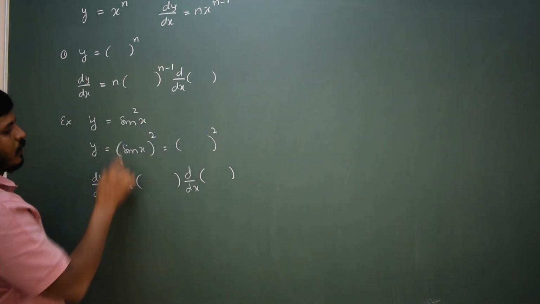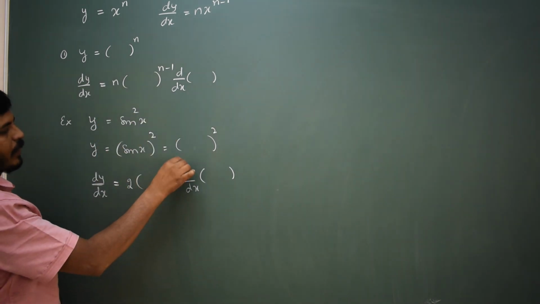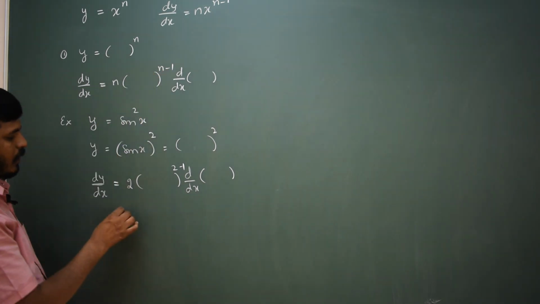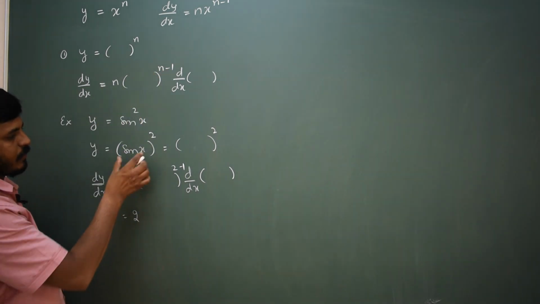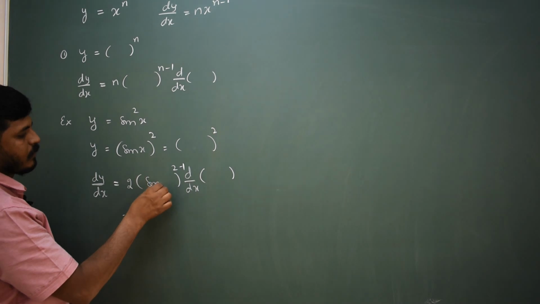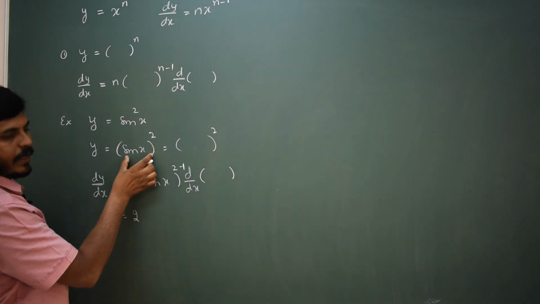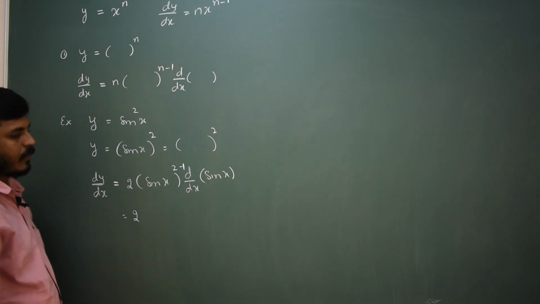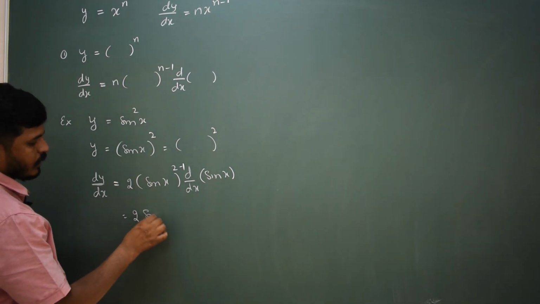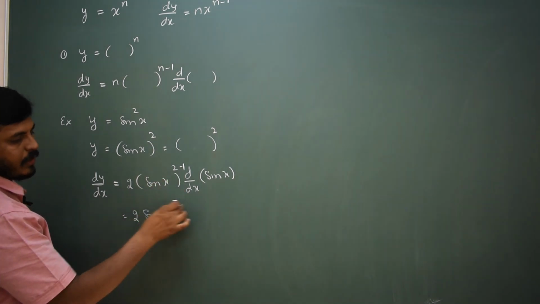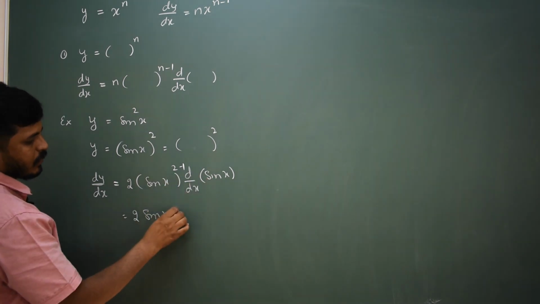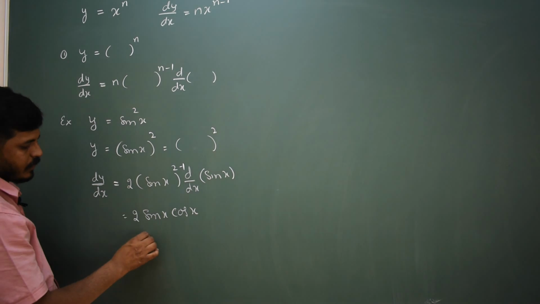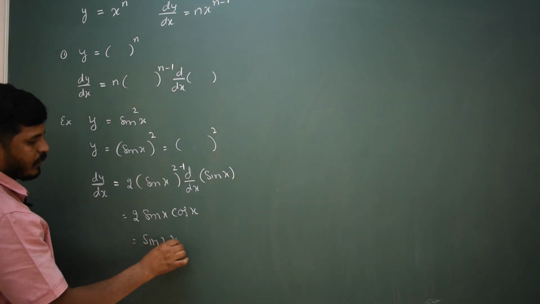This is 2 into something raised to 2 minus 1 actually, n into something raised to n minus 1. What is something here? Something is nothing but sin x. So this is 2 into sin x raised to 2 minus 1, that is 1, into differentiation of sin x, which is cos x. That is 2 sin x cos x, which is nothing but sin 2x.